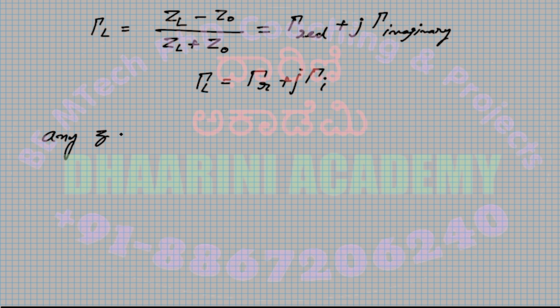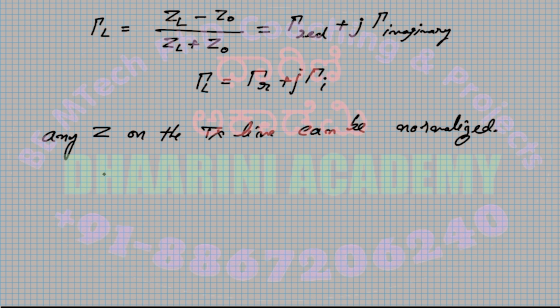Any Z, I'll write a capital Z so that the normalized one can be written in a small letter. Any impedance on the transmission line can be normalized.